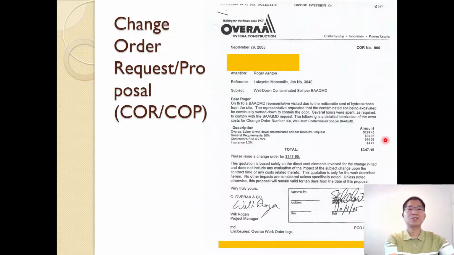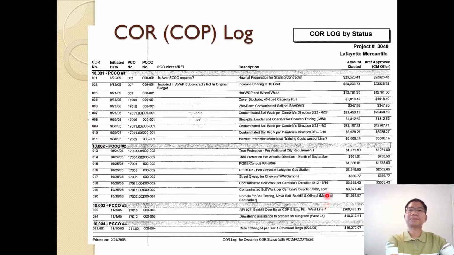Similarly, it is also a change order request, and the effect for another project here, Lafayette Mercantile, has the cost involved for this project, and it was approved directly on that change order request. And you can maintain it like the RFI log.